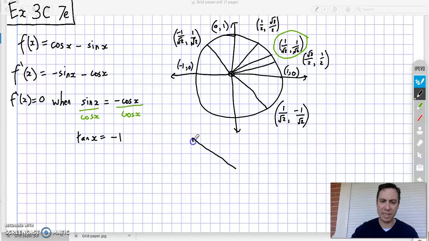Now if I was to draw this triangle coming down to the x-axis, we've got from here all the way around a 3 pi on 4 angle. Inside would be a pi on 4. Our y-coordinate there is 1 on root 2, and our x-coordinate is minus 1 on root 2.